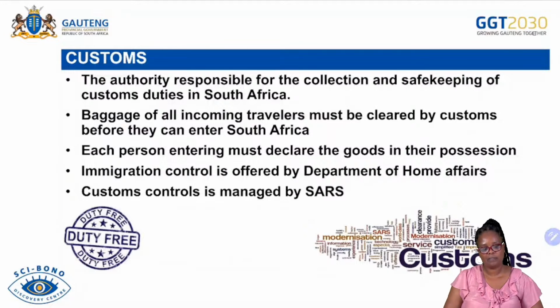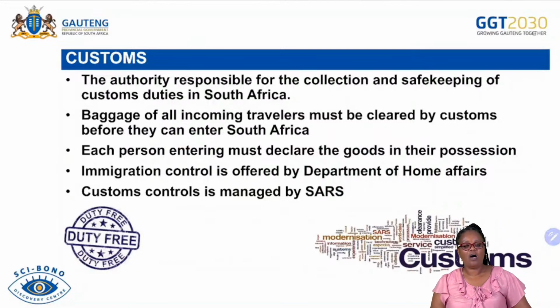The customs. We know that here, baggage of all incoming travelers must be cleared by customs before they can enter South Africa. They go through searches whereby everything must be cleared, so that they don't bring anything dangerous or anything illegal in our country.